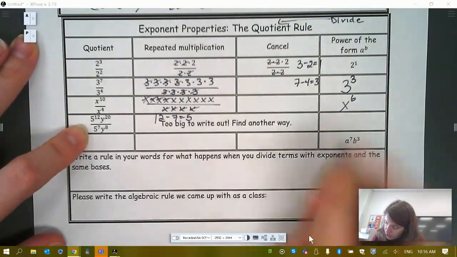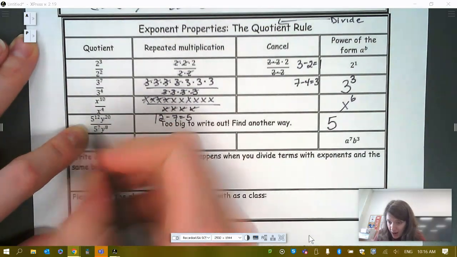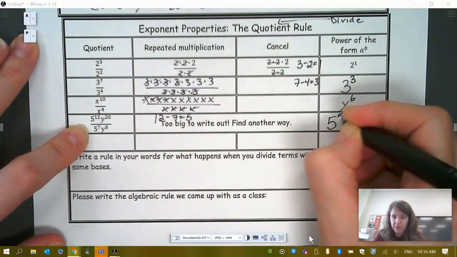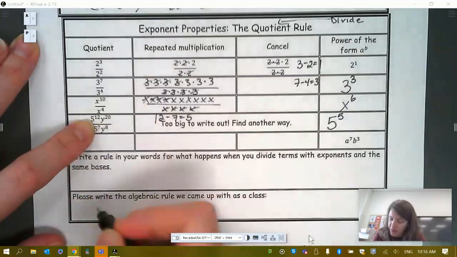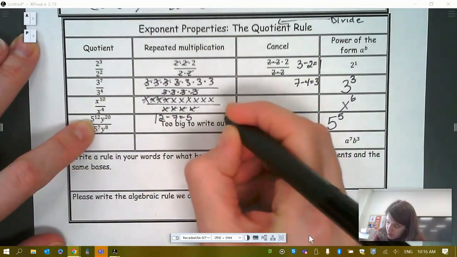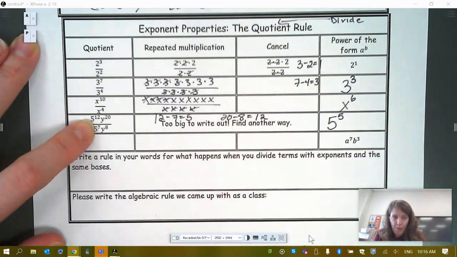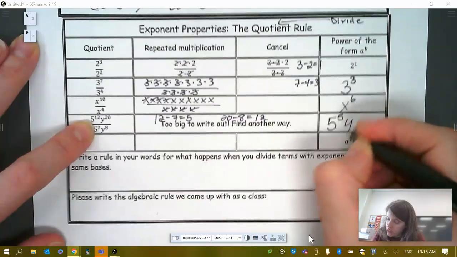Okay, so when I take the 12 fives and I cancel out 7 fives from them, I end up with just 5 fives left, or 5 to the 5th power. And y to the 20th and y to the 8th, if I do 20 minus 8, I'm going to end up with 12 left. Okay, I canceled 8 from the top, and I end up with y to the 12th.